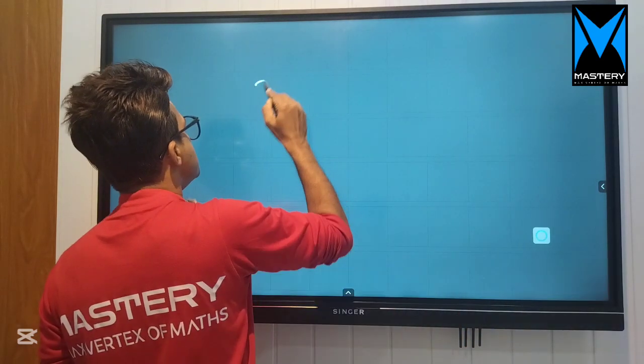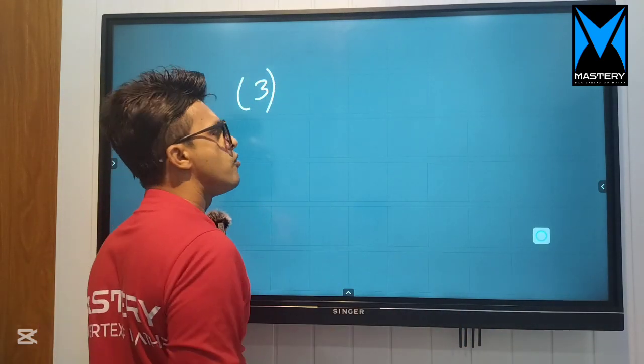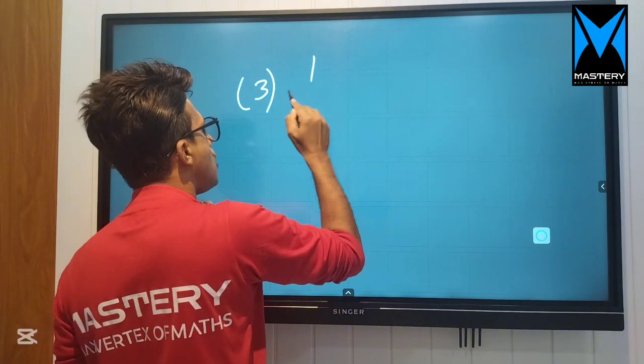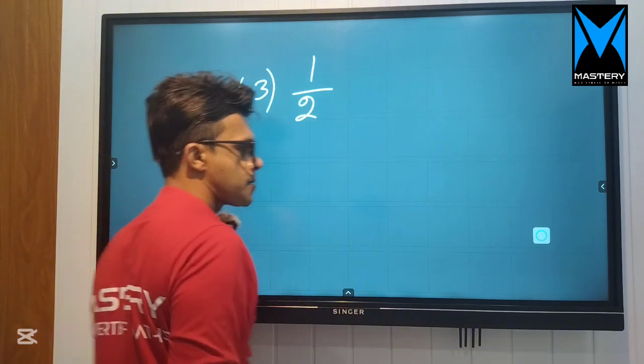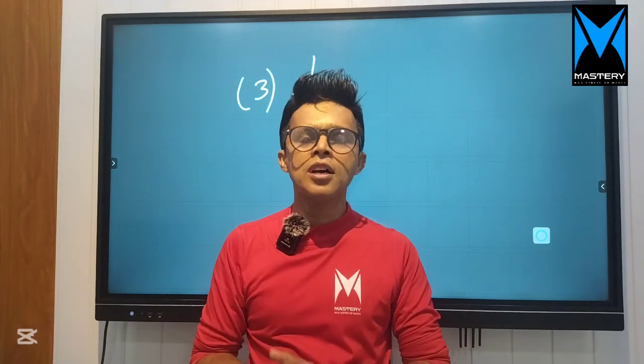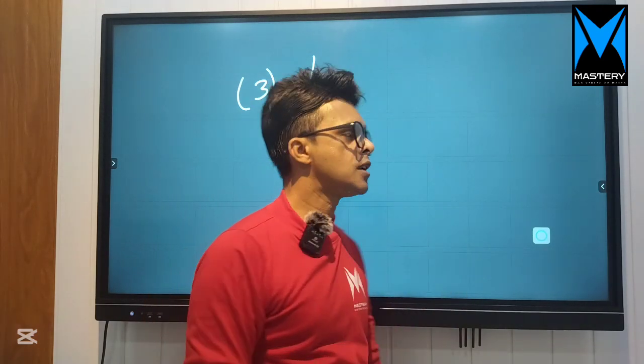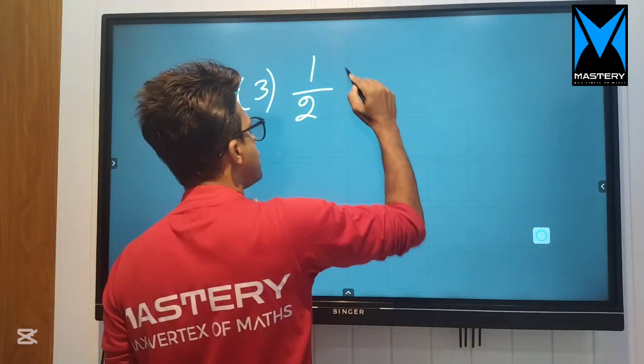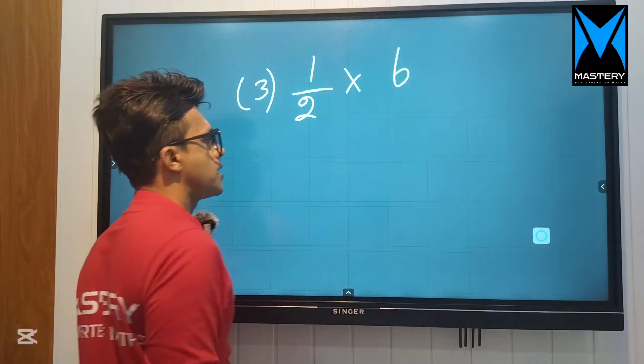Third question. This type of one: half into 6. I'm going to multiply a fraction by a whole number. How can you multiply this?